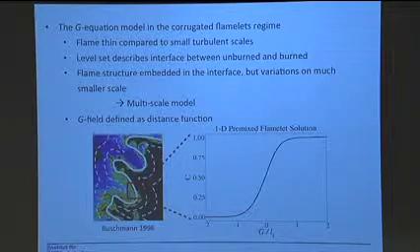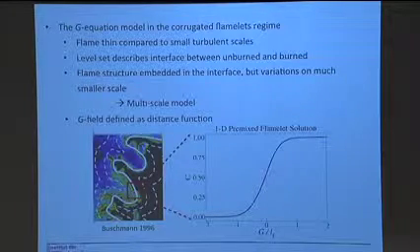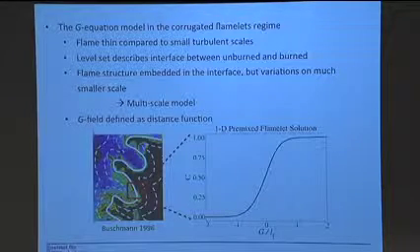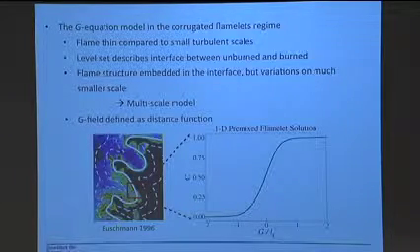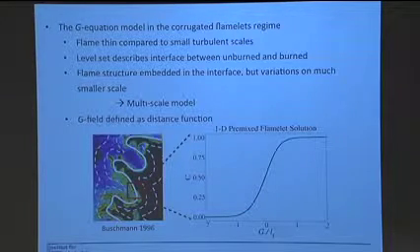This here would be the progress variable, or the temperature, let's say, as a function of G. Even though this is not resolved by solving the G equation, you could always map a solution like this back into the flame.